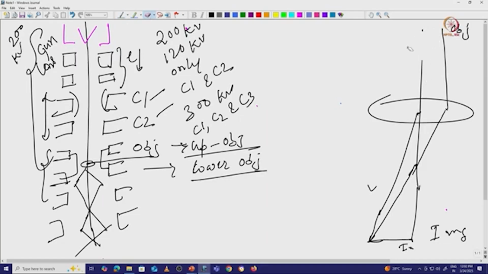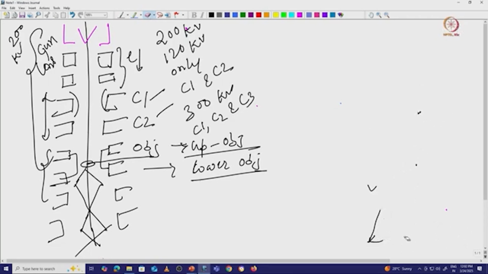Now for the electron beam, what kind of images do we get? Let us see. If we just consider there is a point source, it will come like that.